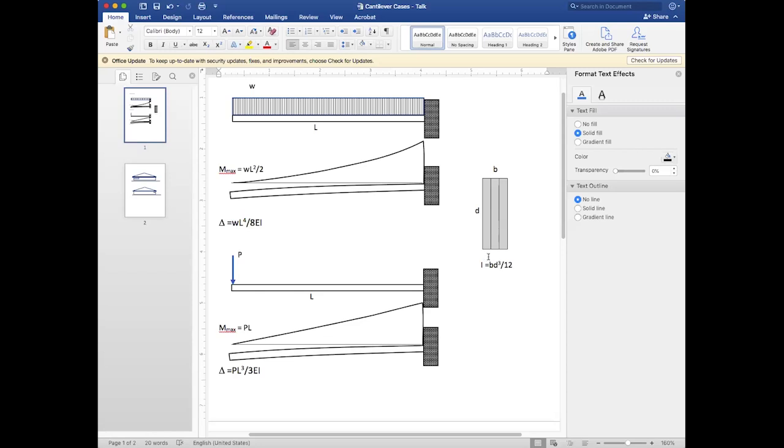So I started to make the calculations to come up with a cross section. LVLs come in sizes like the sawn lumber that is used for joists, so 2-by construction. So how many did I need to gang together to make a large enough beam to support these forces and also control the deflection at the free end?